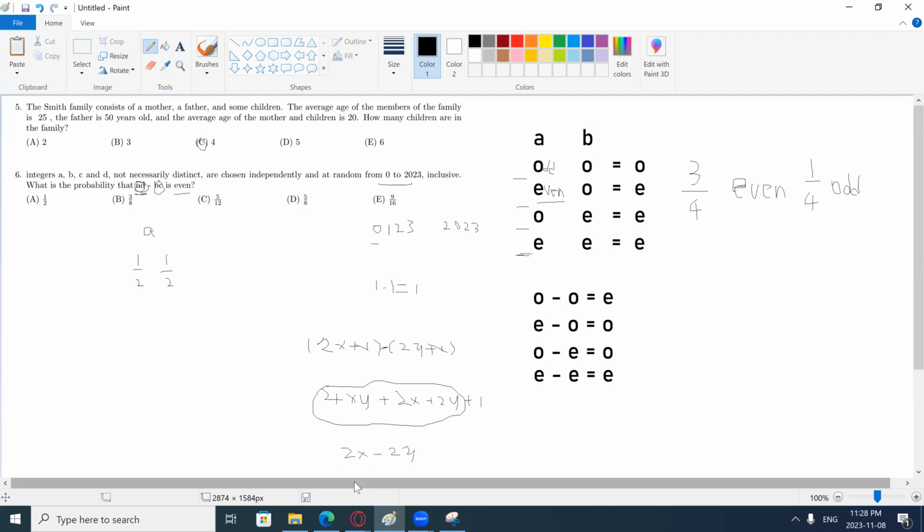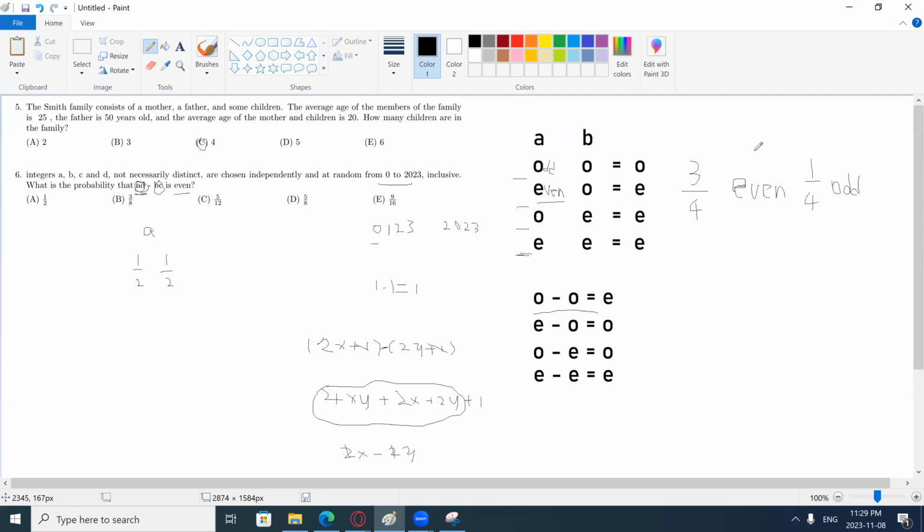This is obviously divisible by 2, because if you divide by 2, it would just give you x minus y, and that's an integer because x and y are integers. So in this case, you will get an even number. And if you have an even number minus an odd number, you'll get an odd number, and so on.